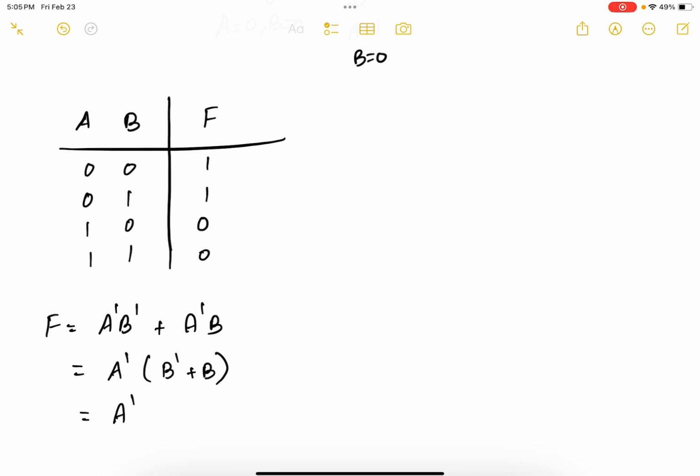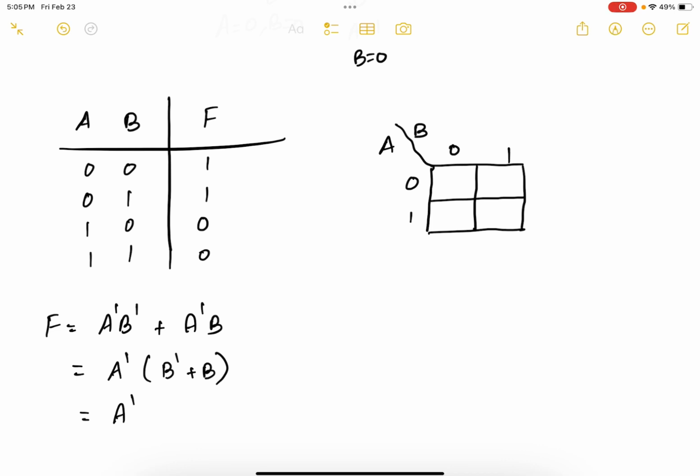Now this is a simpler truth table. It just involves 2 variables, so it is pretty easy. And as you know, if you have a longer truth table, it can get really tough. Let's try to solve the same problem using K-maps. So let's draw the K-map. We have 2 inputs, A and B. A can take 0, 1, B can take 0, 1.